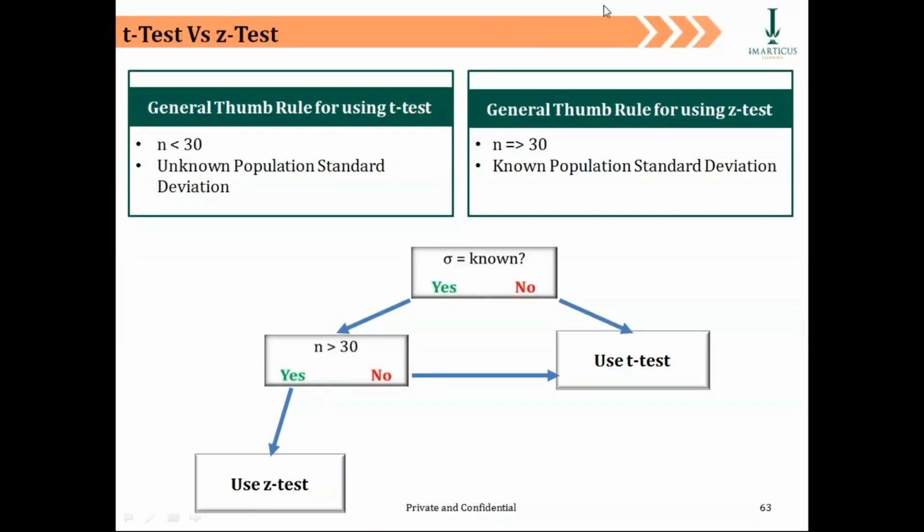That's what I explained, that if your sample size is more than 30 and the standard deviation of the population is known, in that case we use the z-test. I hope that is fine.